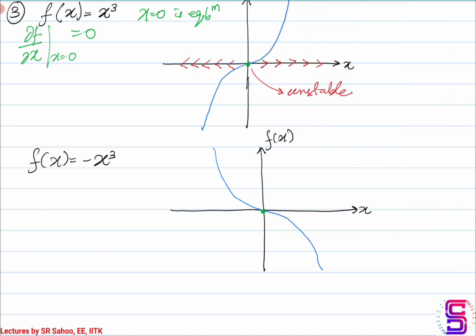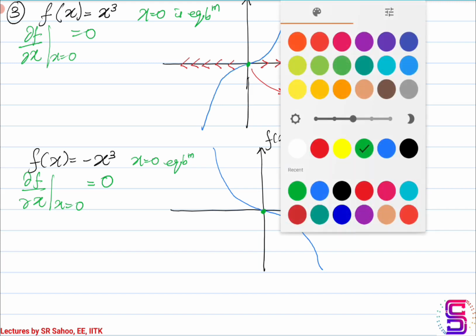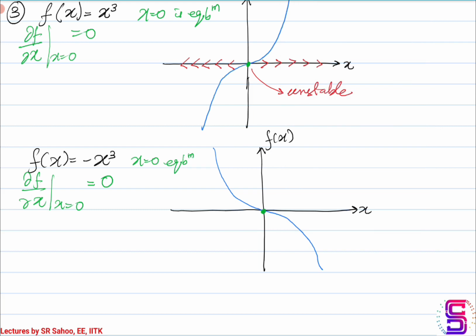The x equal to 0 point is the equilibrium point. What we have is del f by del x evaluated at x equal to 0. The equilibrium point is 0, so the slope of f with respect to x at x equal to 0 is 0. What is the sense of direction as far as the vector fields are concerned?